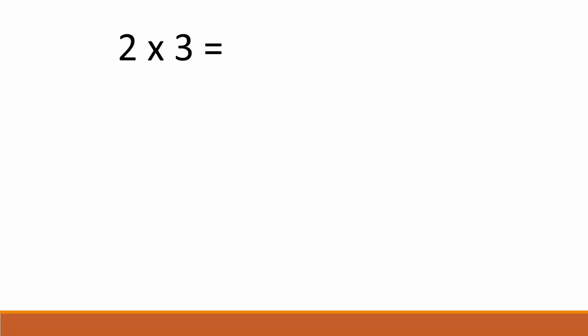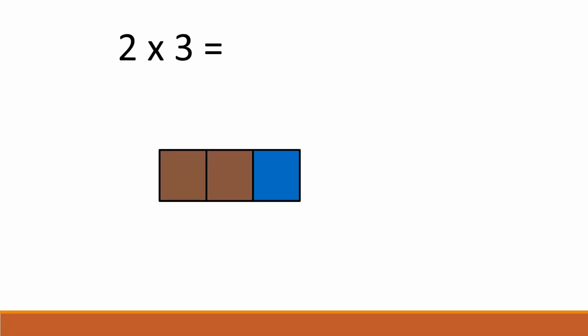So now that we know that multiplication is repeated addition, let's look at those blocks a little differently. What if instead of having 3 orange blocks, we said that the 3 consisted of 2 brown blocks and 1 blue block? It's still 3 blocks, but now we can think of it as 2 plus 1.